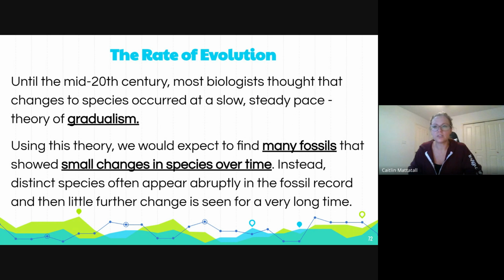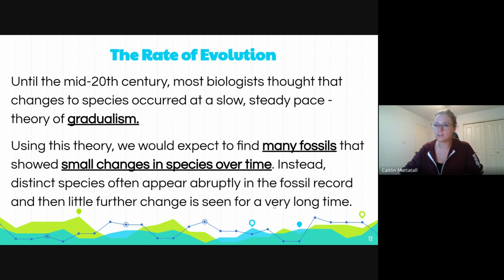But this theory of gradualism is basically that evolution happens by just very small changes in a species over a long period of time. And if this theory was valid, we would see a bunch of intermediate fossils where you have your common ancestor or the original species, and we'd see a bunch of differences in the fossils before it becomes something brand new.